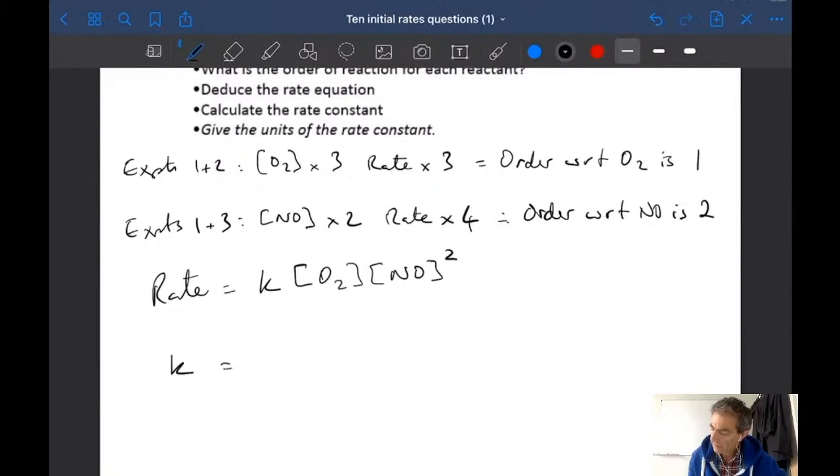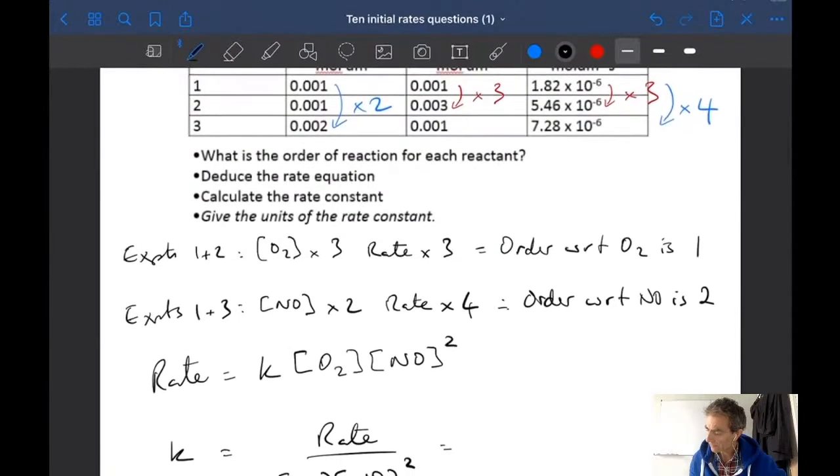Rearrange for K, so K equals rate over O2 times NO squared, and I'm going to use row 1 here.